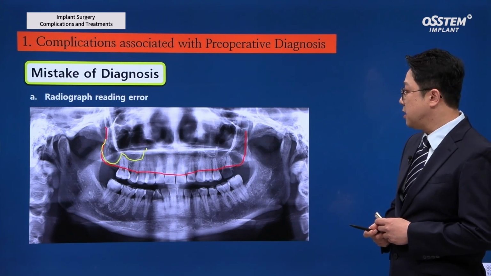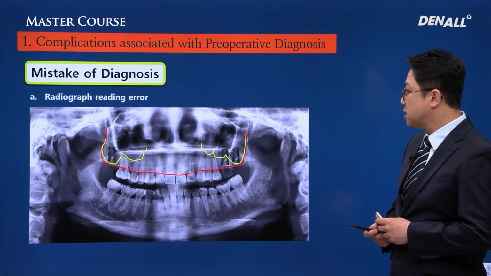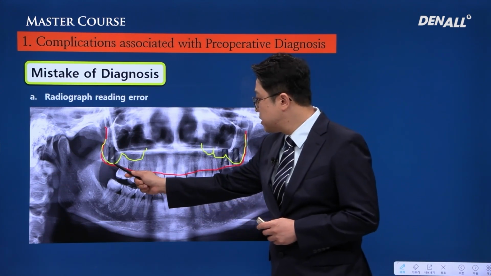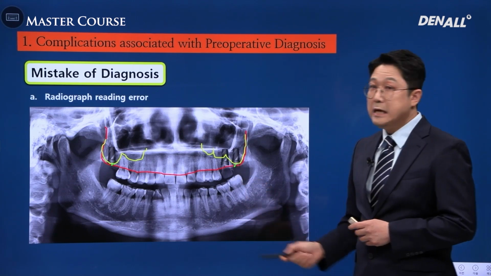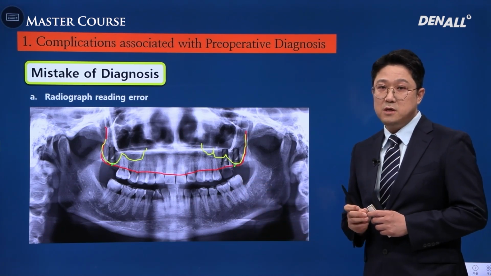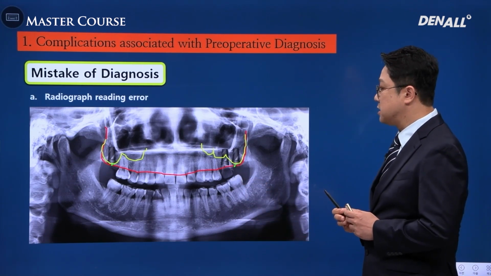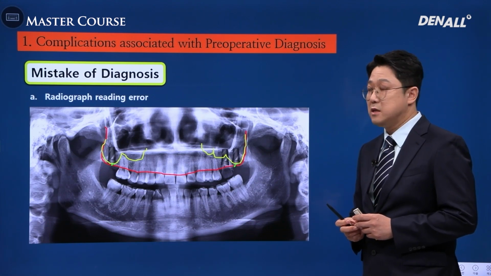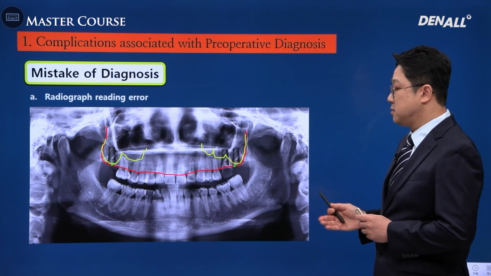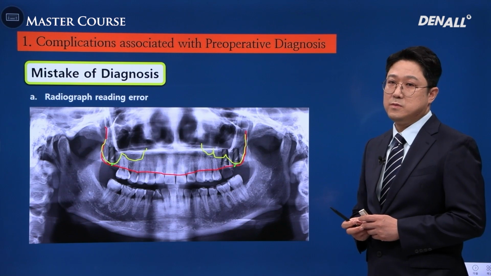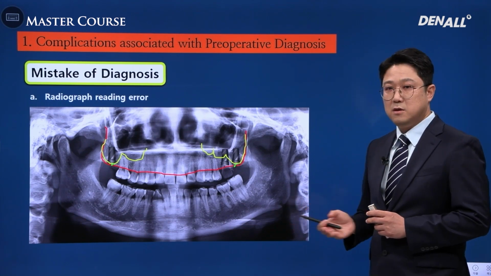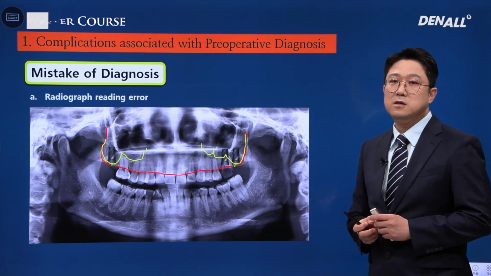The inferior border is positioned like this. If you place the implant like this, in numbers 17 and 27, the residual bone is less than 1 millimeter. Therefore, if you start drilling, in that moment, the sinus will be penetrated, leading to catastrophic results.